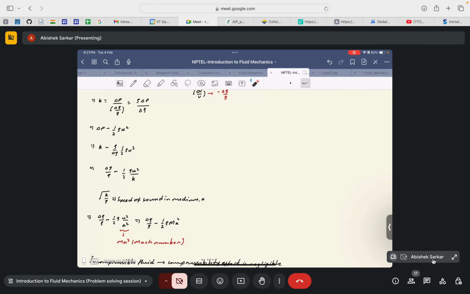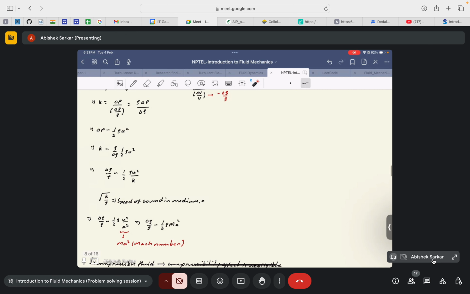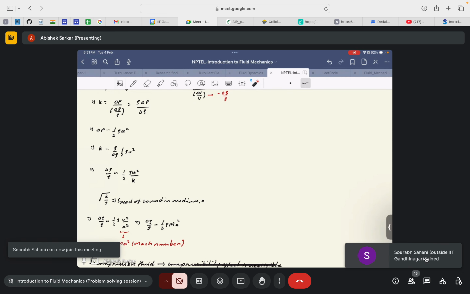So that's why Professor Chakraborty has taken delta P to vary as half rho u square. Again, he's not saying it's exclusively equal to that, but since the flow is driven by the kinetic energy in the flow, our pressure would vary as the kinetic energy head, that is half rho u square.